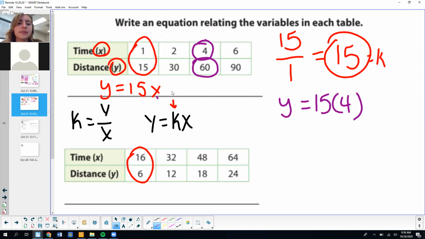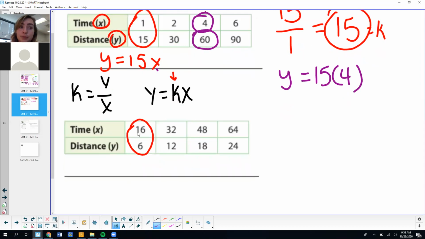What this means is that if you plug in any value for x, you would always get a y that is proportional. My goal for this lesson and this unit is for you to understand the relationship between numbers, tables, and graphs too, because we've been working on that.